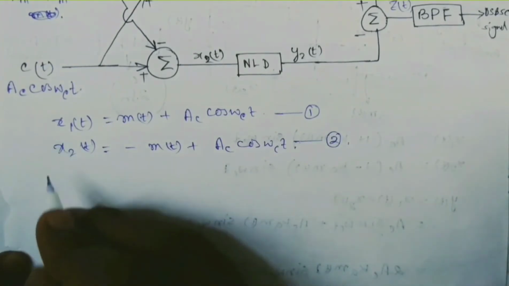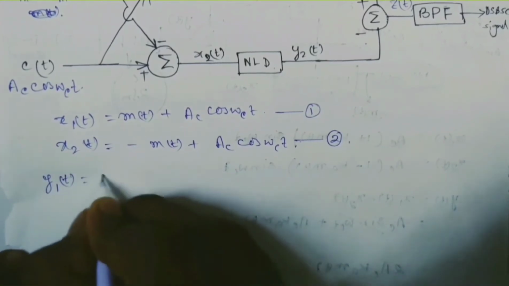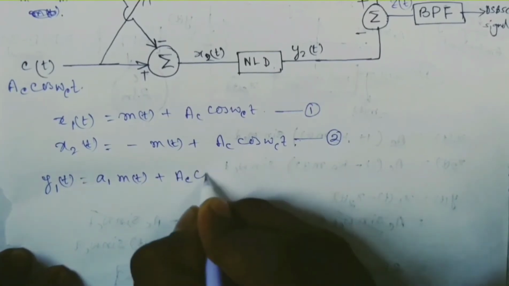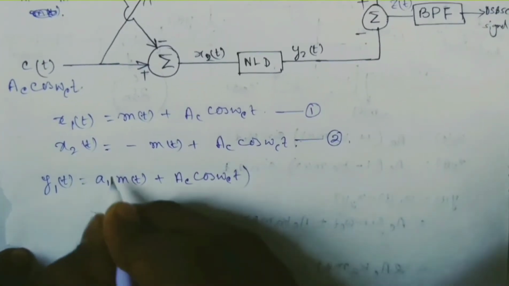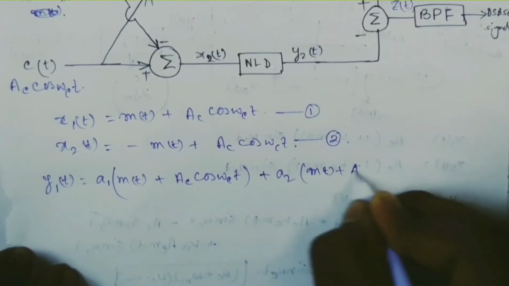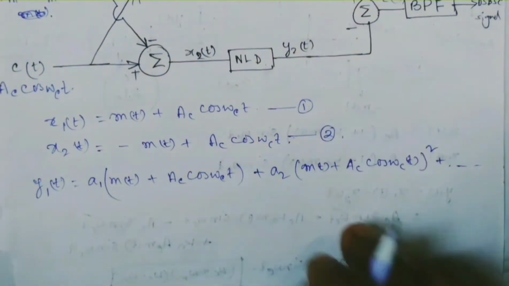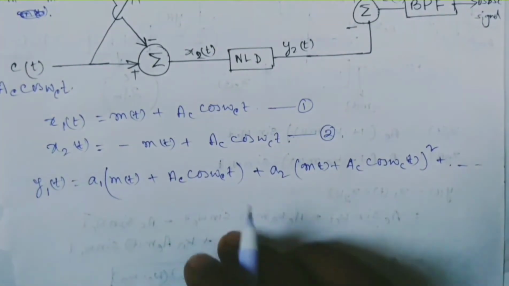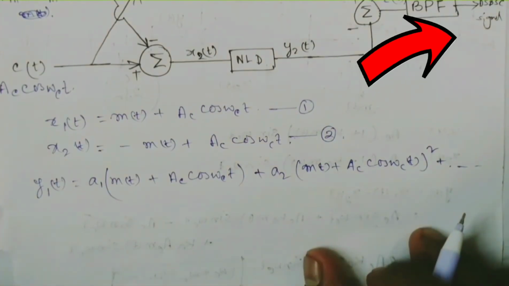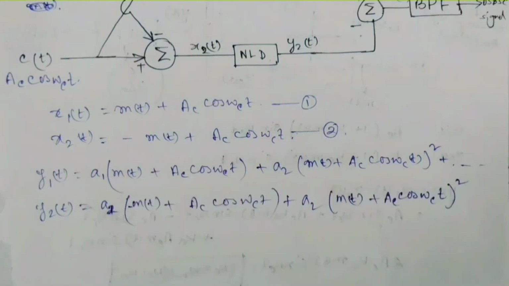When these two signals are passed to the nonlinear device, the outputs will be y1(t) equals a1 times (m(t) plus Ac cos omega c t) plus a2 times (m(t) plus Ac cos omega c t) whole square. If you don't understand why I write this, you can check out the video on linear and nonlinear circuits, and you can definitely understand why this is written. And similarly y2(t) will be this.